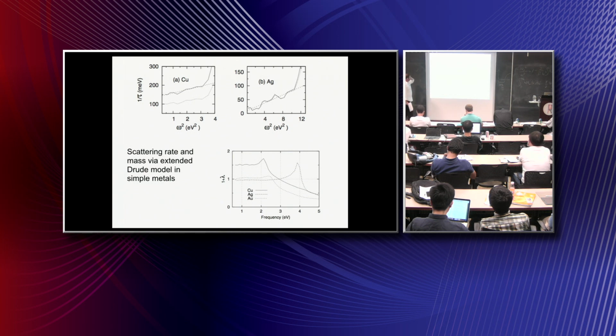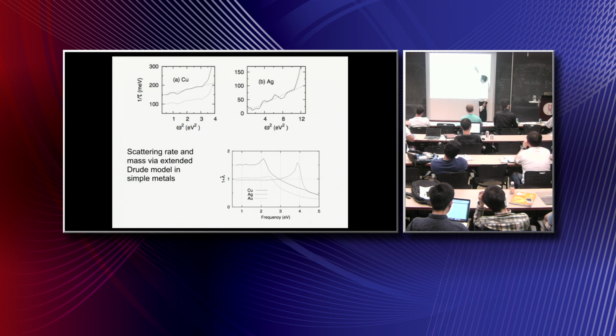Okay, so that's what's done here on some very simple systems. This is copper, 1 over tau, and that's gold, 1 over tau. Simple metals, we believe these things are Fermi liquids. And the frequency-dependent part of the scattering rate in those systems, the Fermi liquid-like scattering, should go like omega squared. And you can see that, well, the data has some noise in it, but essentially it's consistent with the omega squared dependence.